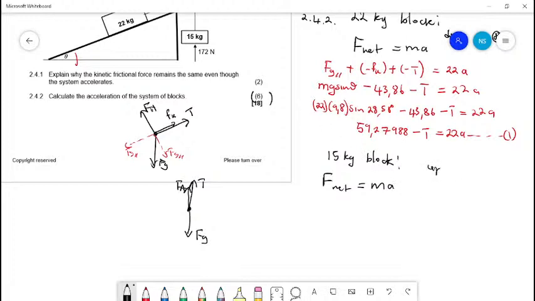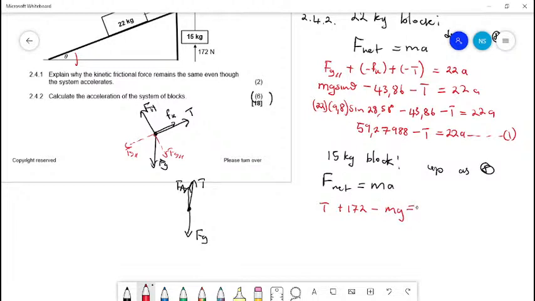So if we take up as positive, we'll have Fnet being equals to positive T plus positive 172 minus mg. So that's our force of gravity.